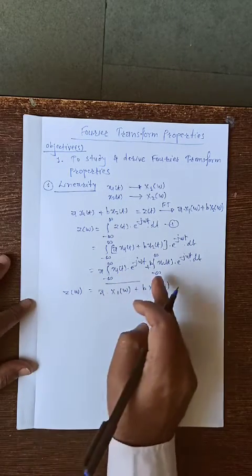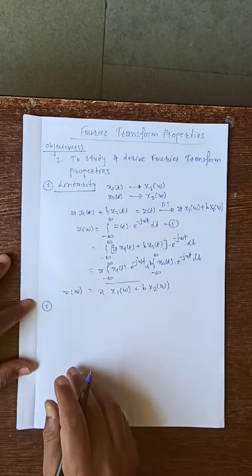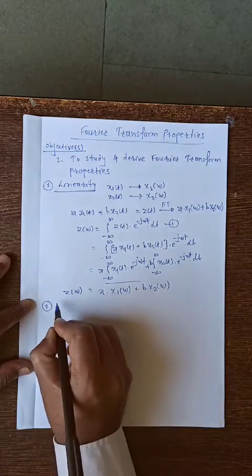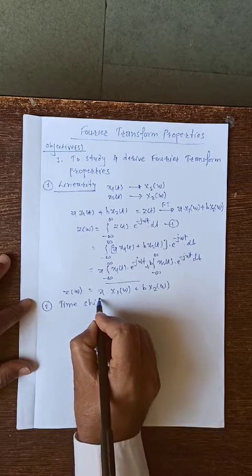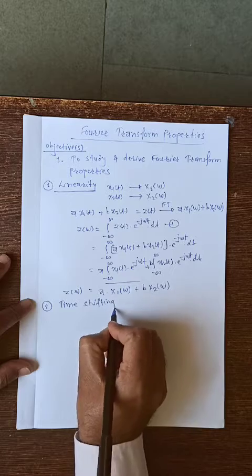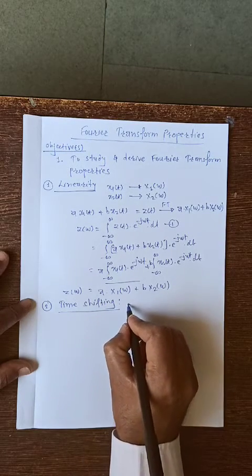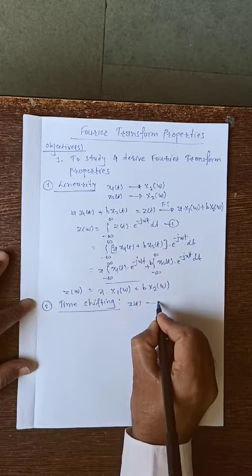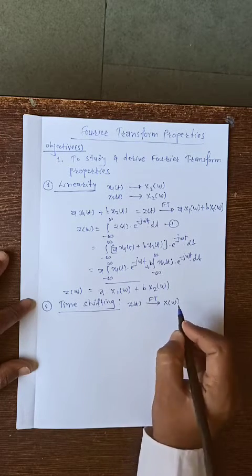So it obeys the property of linearity. The second property that we are going to discuss is the time shifting property. Let us say x(t) is the signal, and its Fourier transform is X(omega).